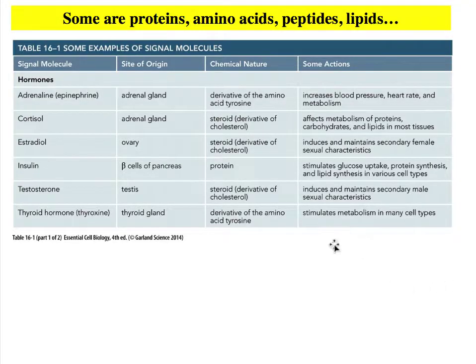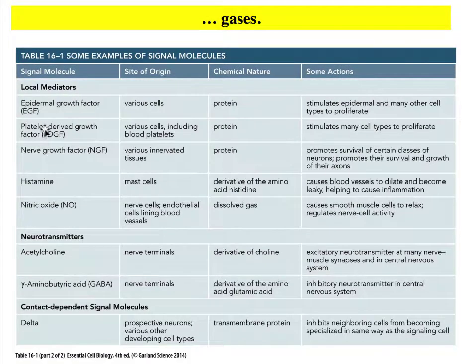It's always nice to have knowledge of some of the types of signal molecules that we're talking about. So this table here and the one that follows on the next slide are giving you some of the names of these substances. So if you go back to panel A, those endocrine signals, those are hormones. And adrenaline, or epinephrine as it's called now, is the substance that's released and travels all over the body, as is insulin and testosterone and thyroid hormone. So there's a whole bunch here, cortisol included. But that's not the only type.